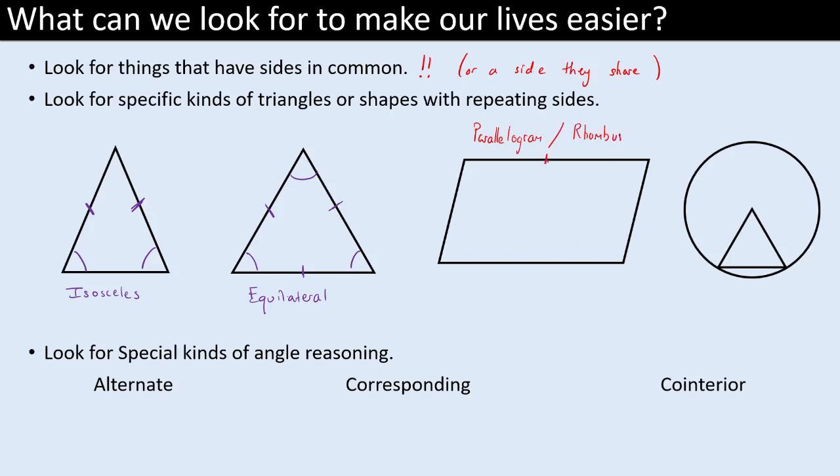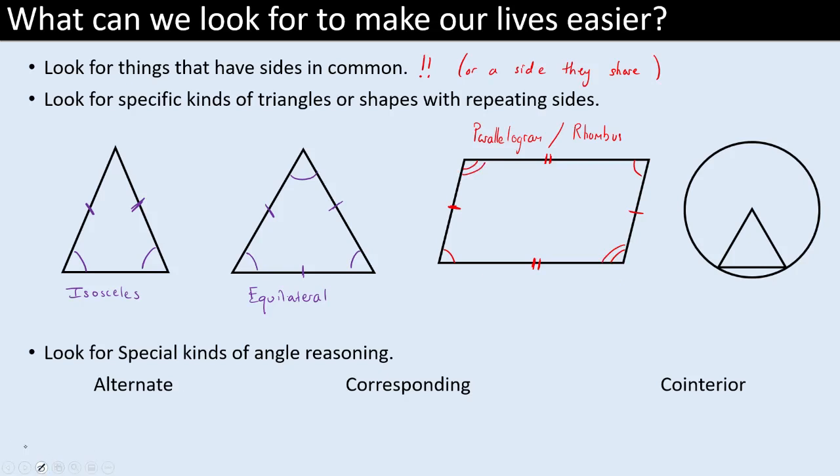For instance, we know that the top and the bottom are going to be of equal length. We know the left and the right are going to be of equal length. We know the opposite corners are equal. Okay? And these are the kinds of statements that you would be able to use in creating a proof.